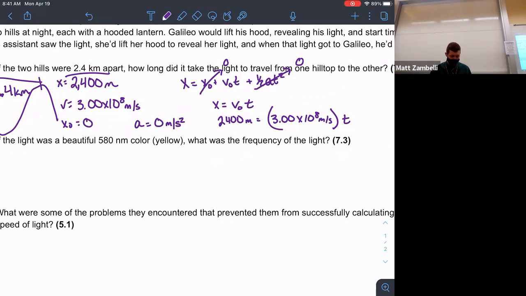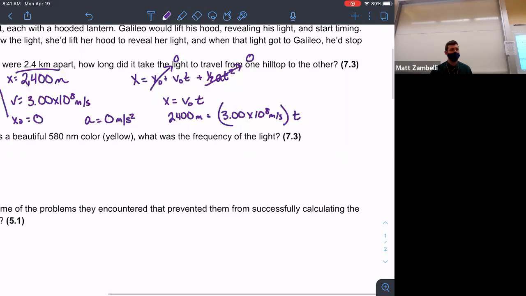Divide both sides by the velocity. So divide both sides by the 3.00 times 10 to the 8th power. And we'll figure out that time equals 0.000008 seconds, or 8 times 10 to the negative 6 seconds. Both are the same value.